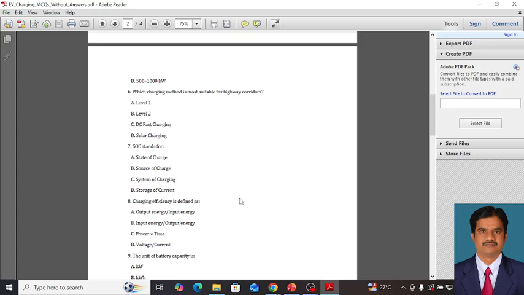Sixth, which charging method is most suitable for highway corridors? Level 1, level 2, DC fast charging, solar charging. Seventh, SOC stands for state of charge, source of charge, system of charging, storage of current.